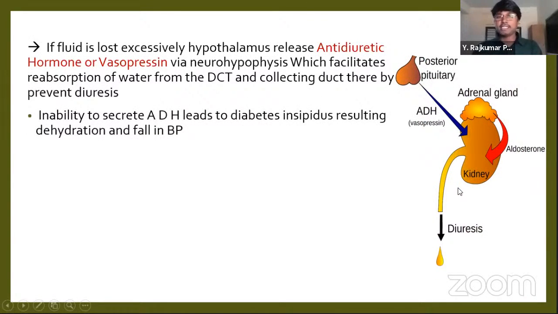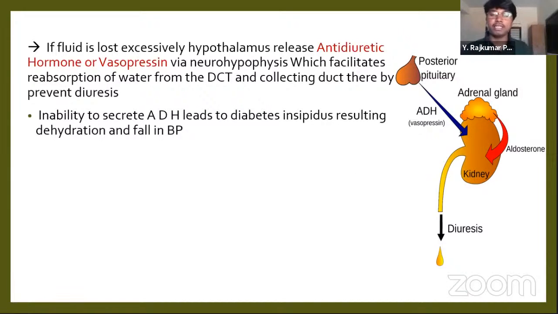Suppose the fluid in the body is lost excessively. The hypothalamus releases a hormone called antidiuretic hormone, ADH. It is also called vasopressin, released via the neurohypophysis, which facilitates reabsorption of water from the DCT, that means the distal convoluted tubule, and the collecting duct.